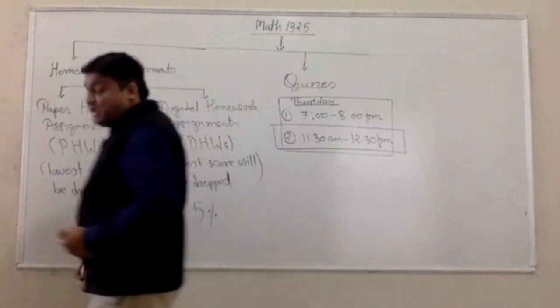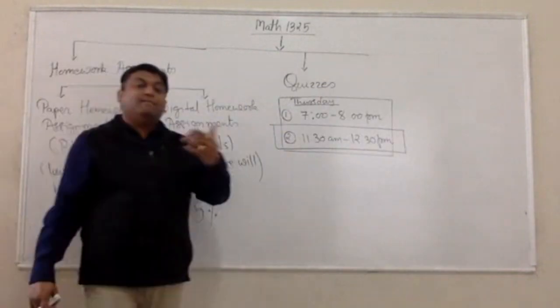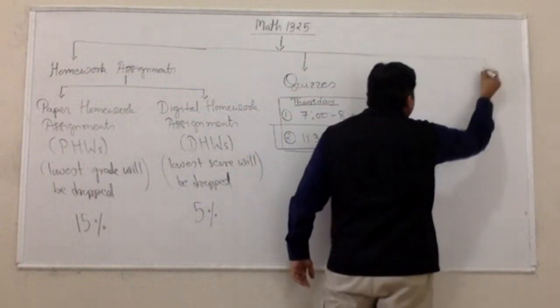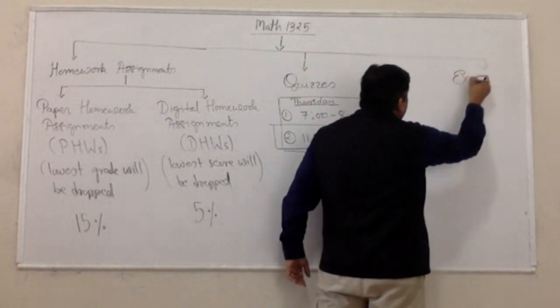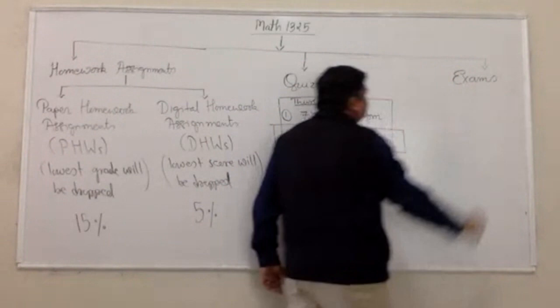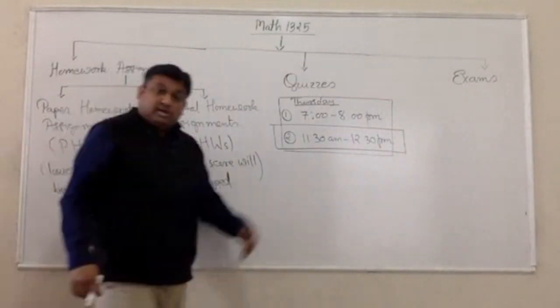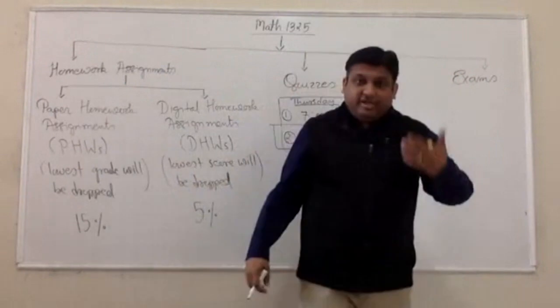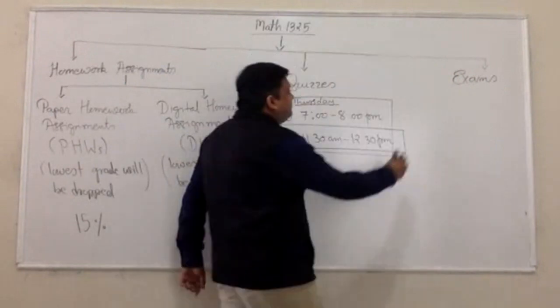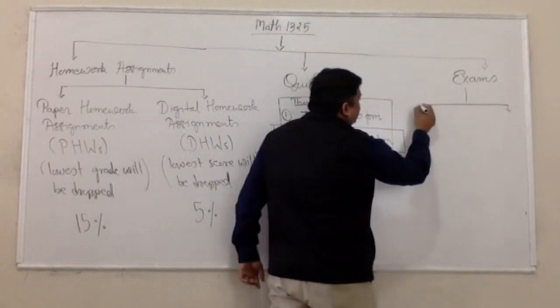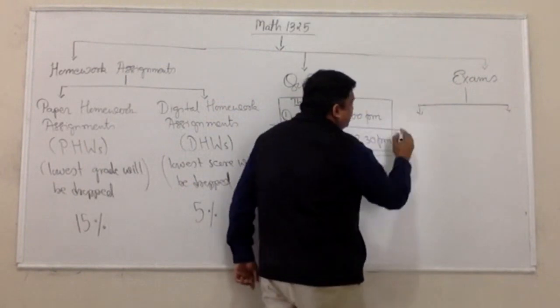All right. And third, and the final component of this course, as you can imagine, is going to be exams. Two types of exams we are going to give out to you. The first type is pretty standard.